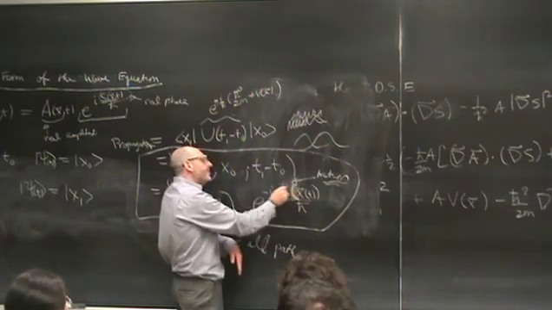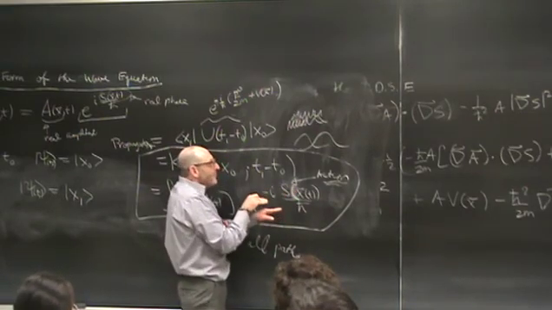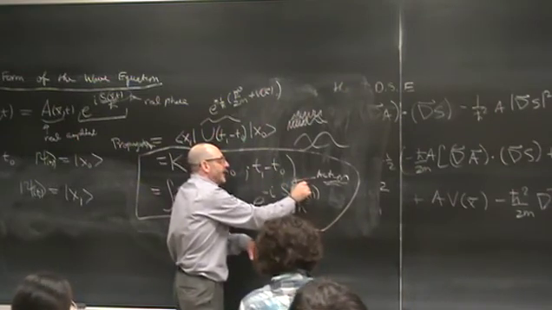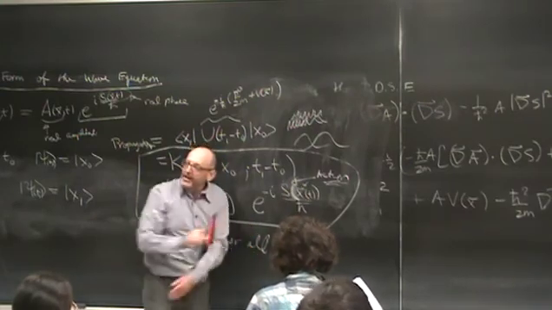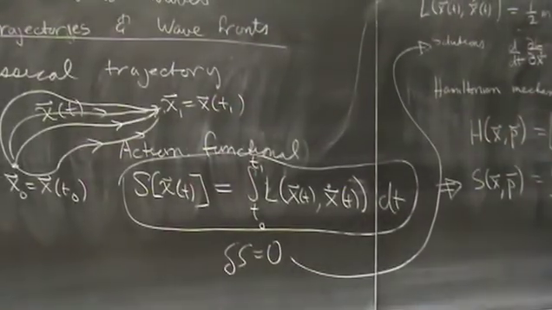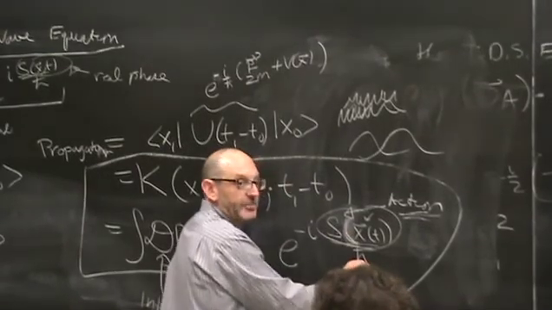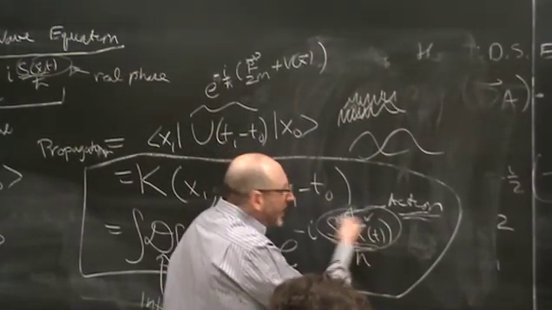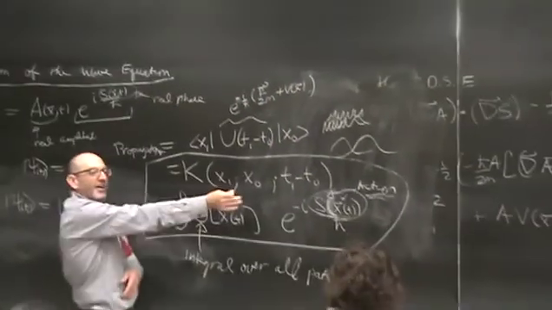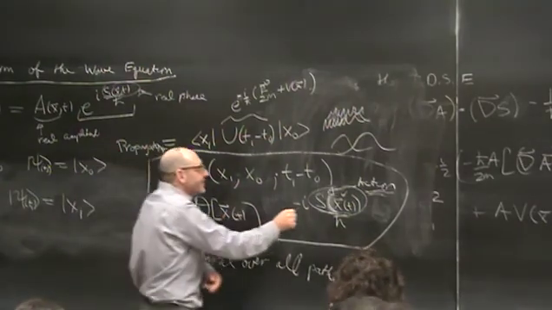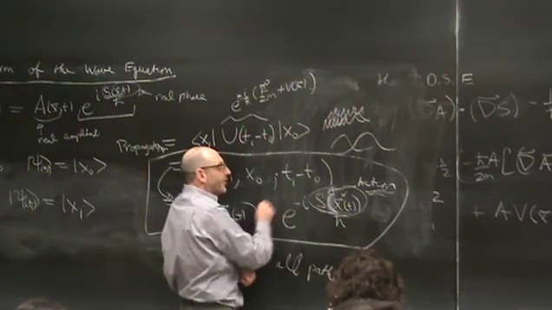It's only the ones that are near the case where the phase doesn't change a lot for a small change in the trajectory. That is to say, the case of the stationary solutions, which will contribute the most to this integral when this is big compared to h bar. But this is not just about the classical limit, this is about, in general, a way of writing the time evolution that connects the classical picture with the quantum picture.